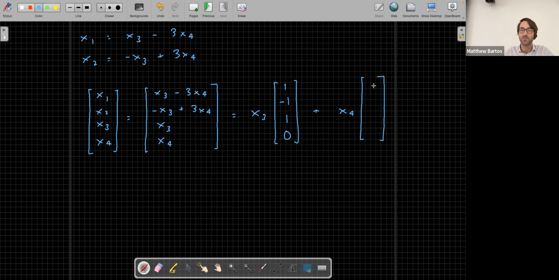Similarly for x4, this has to be equal to -3, 3, 0, 1. These vectors are the set of vectors from our original system of equations that are orthogonal to every element of R. So these two vectors are a basis for our complement.